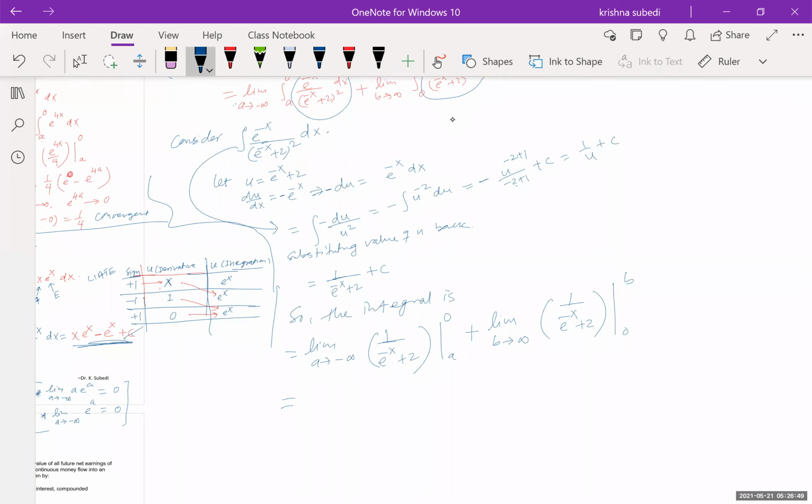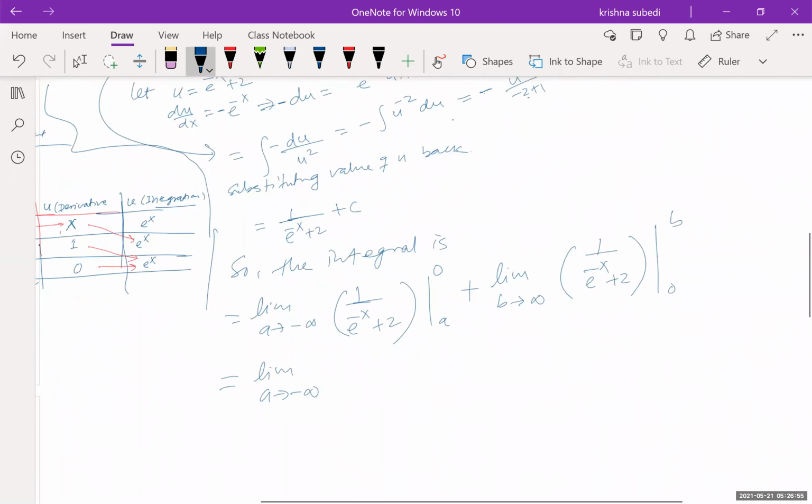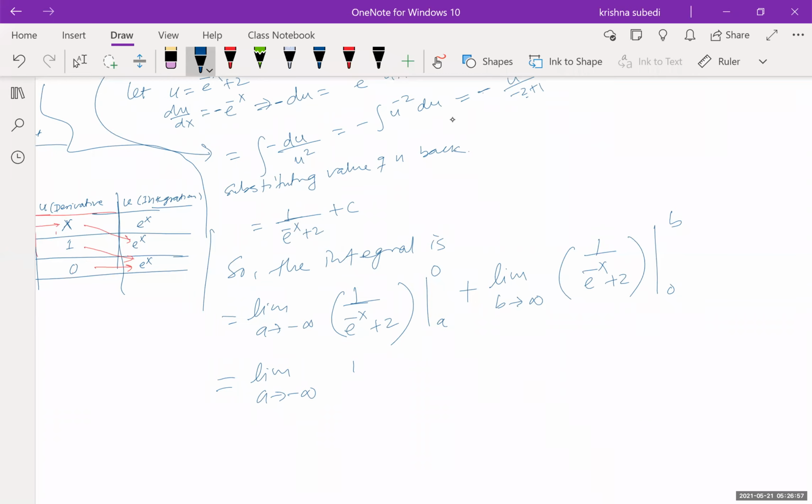So if I put the 0 there, with the limit as a tends to negative infinity, it will be 1 over e to the 0 plus 2, minus 1 over e to the negative a plus 2, plus this guy will be 1 over e to the negative b plus 2.